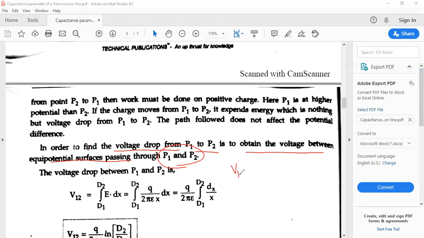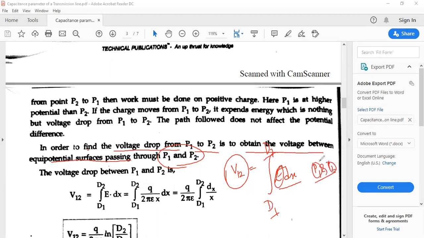So the voltage drop between P1 and P2 is given as V12, that is point 1 and point 2, and the distances I need to indicate are D1 and D2, with E dx. Why E dx? I want to find the potential difference, so I integrate the electric field intensity over the two limits D1 and D2, because P1 and P2 are located at distances D1 and D2.